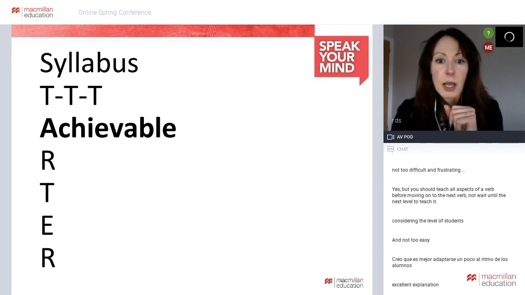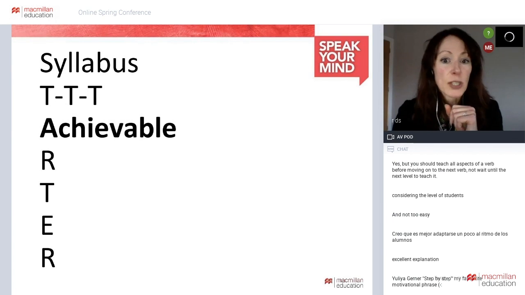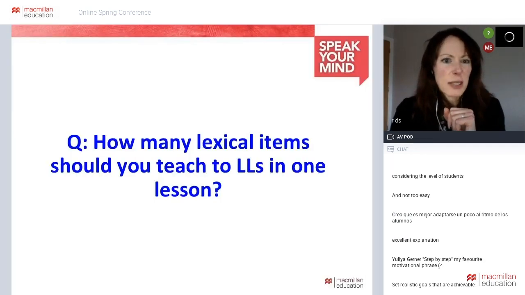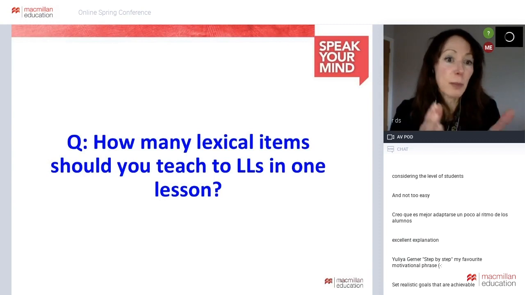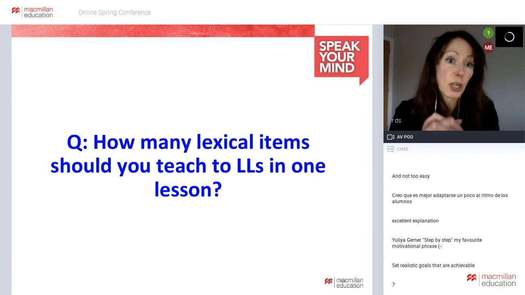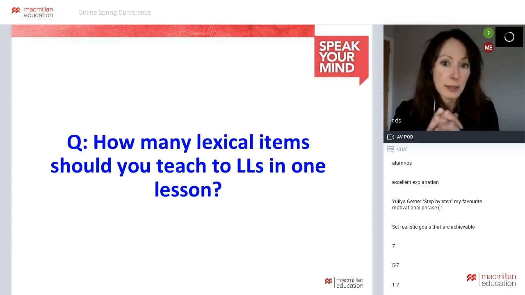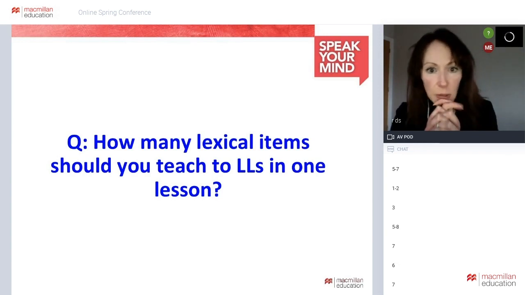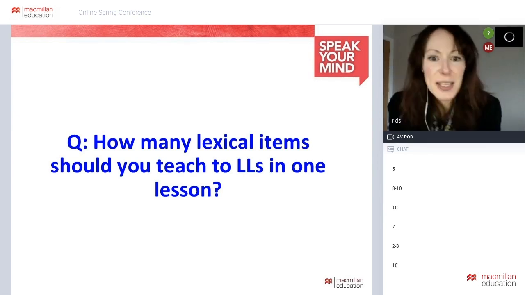And let me ask you a couple of questions again, if I may, to test achievability and your thoughts about it. My question is, how many lexical items should you teach to lower levels in one lesson? 5 to 7, 1 to 2, 5 to 8, 4, 8 to 10, 6 to 7. That's interesting.